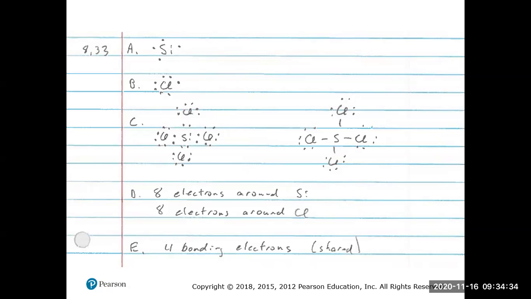So the question is, how many valence electrons surround each? We have 8 around each of those. And then we look at how many bonding pairs are in SiCl4. And in terms of bonding pairs, we have 4 pairs of bonding electrons. So each of those lines corresponds to 1 pair of bonding electrons.